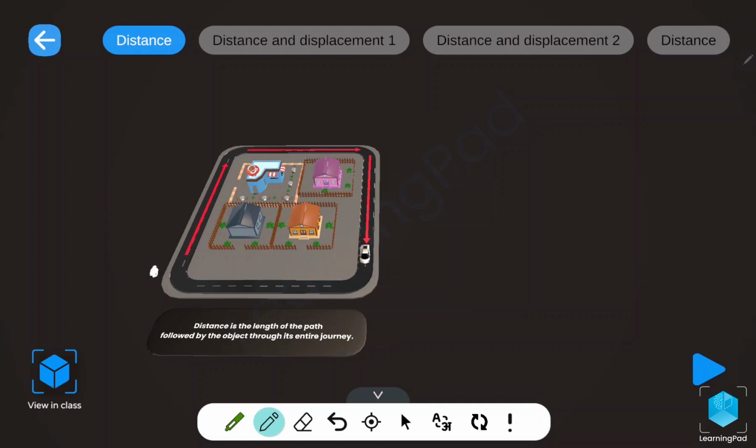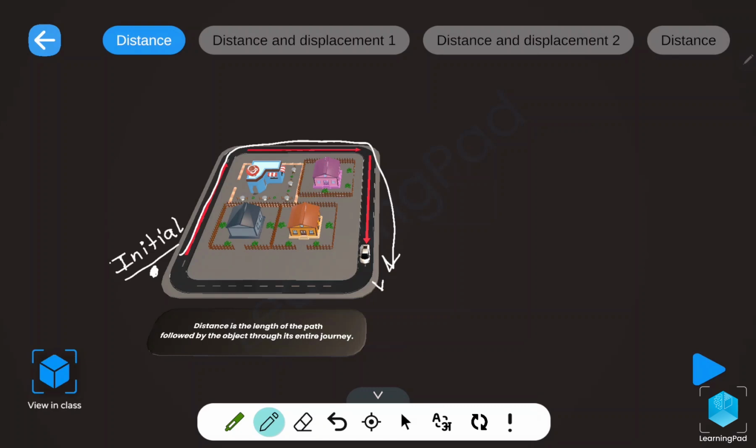And the car traveled like this, and now this point is the final point, right? So distance is the length of the path followed by the object throughout its entire journey.